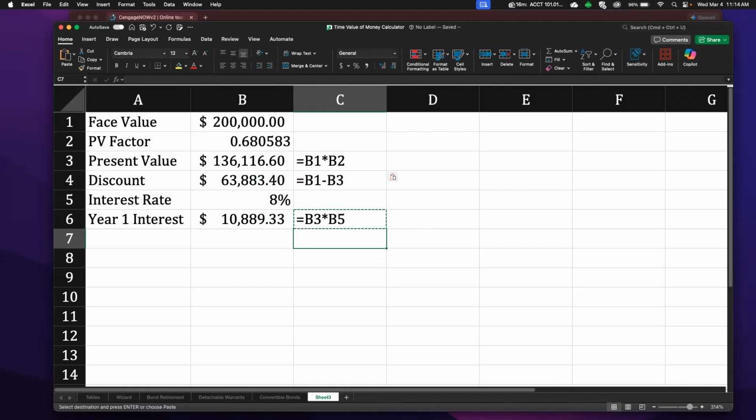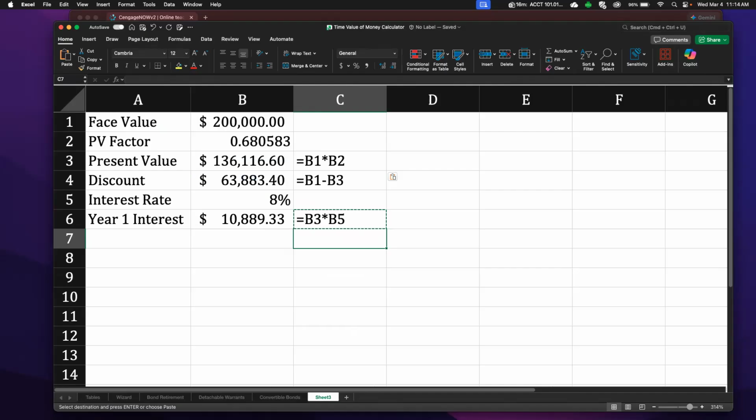So no cash is paid. It's not interest bearing. So instead our liability grows by reducing our discount. So our interest expense is going to increase. We're going to debit interest expense. Our note's carrying value is going to increase each year, so eventually it reaches $200,000. And that increase in carrying value happens by shrinking the discount.